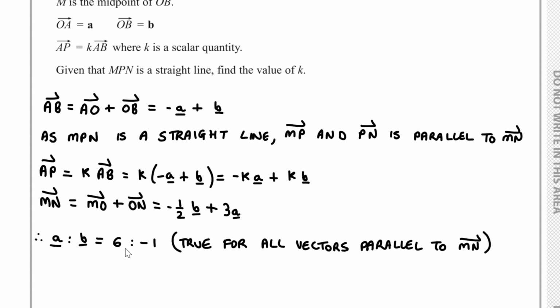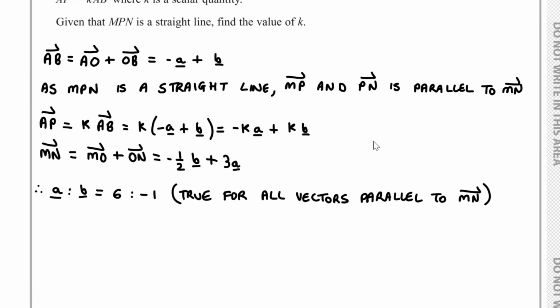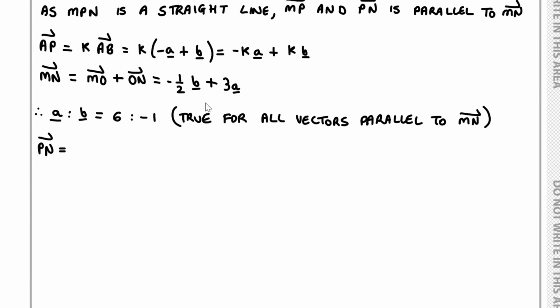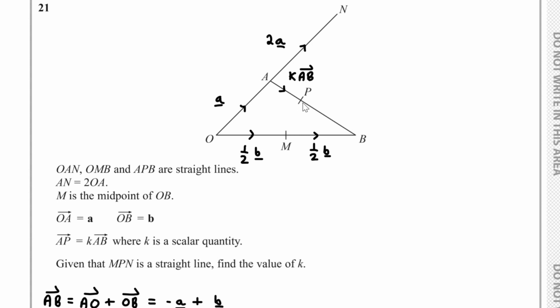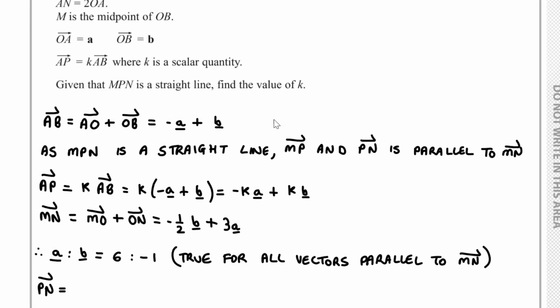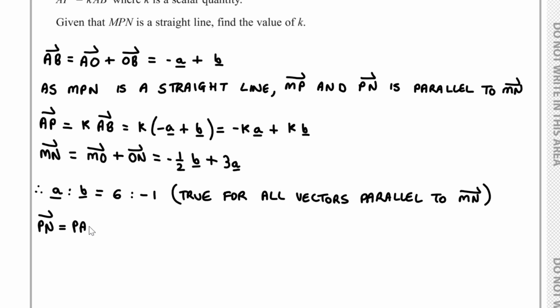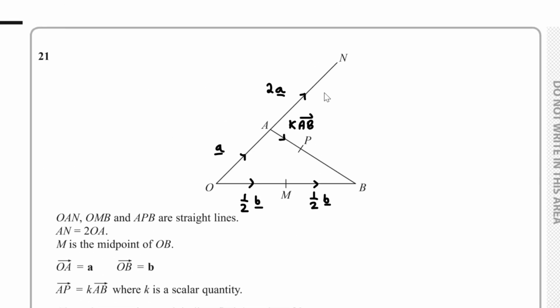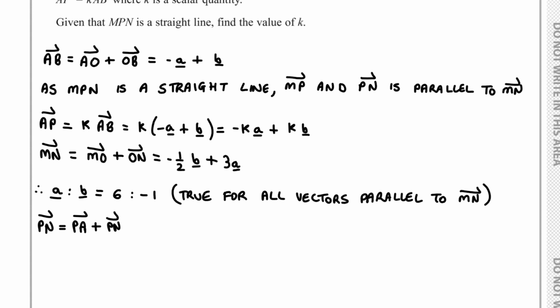And we also know that the vectors parallel to MN are MP and PN. So if we consider PN, the vector PN starting at P, finishing at N, well we've got PA plus AN. So the vector PN is equal to PA plus AN.